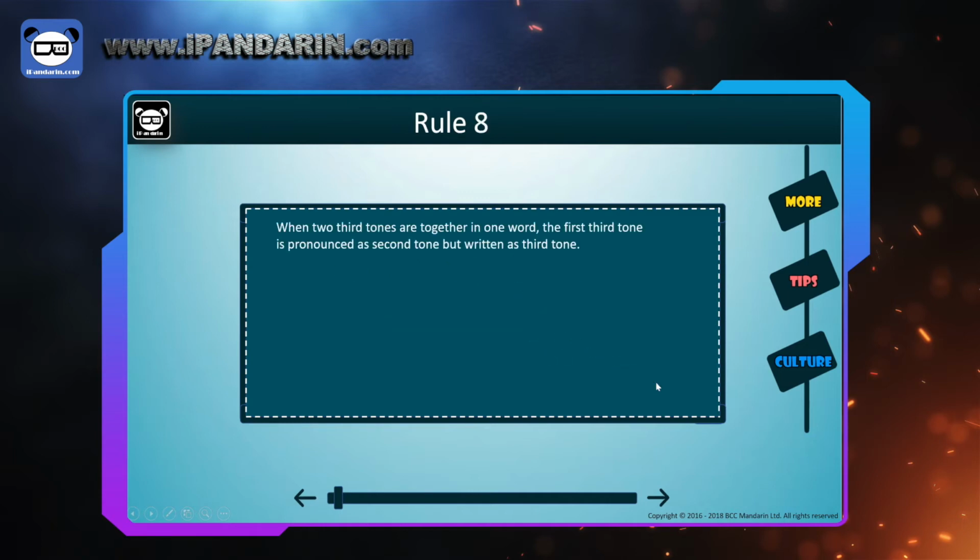Okay. Rule number 8. When 2 third tones are together in one word, the first third tone is pronounced as second tone but written as third tone. For example, the word 你好. The pinyin consists of 2 third tones, 你 and 好.